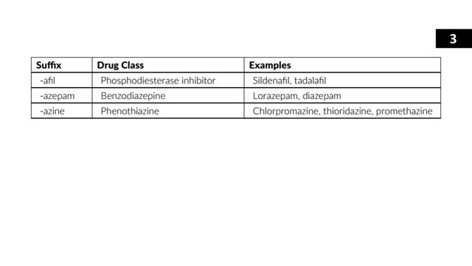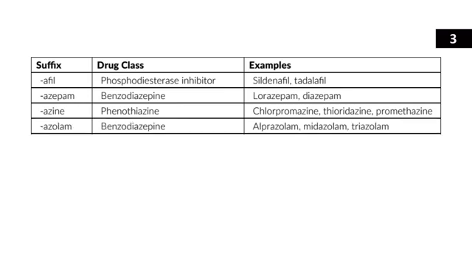Some of the phenothiazines can be used as neuroleptics, like chlorpromazine or thioridazine, and then other phenothiazines are used as antiemetics, like promethazine. Azolam is another suffix for benzodiazepine, such as alprazolam or midazolam or triazolam. So azolam and azepam are both benzos.